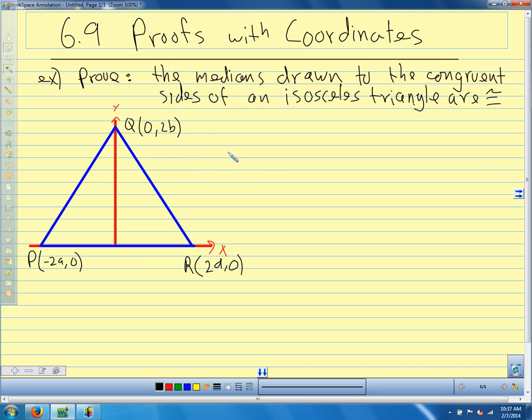So we're given this triangle, PQR. We're also given that these two sides are congruent. Segment QR is congruent to segment QP.